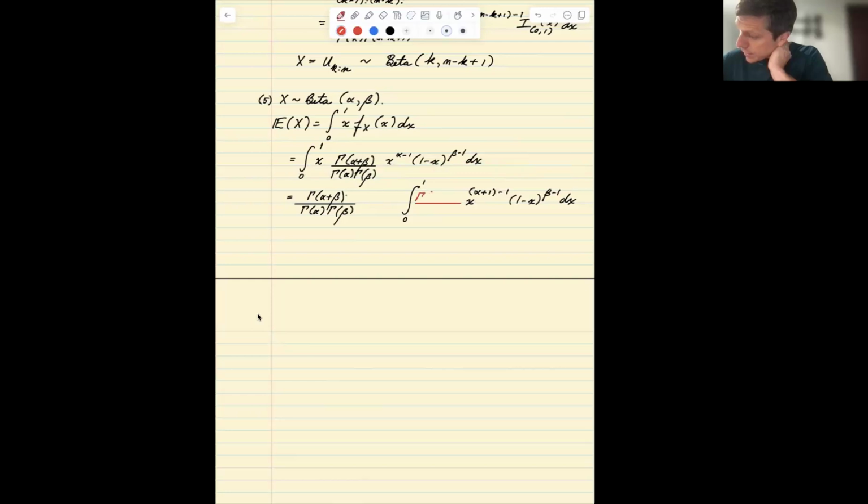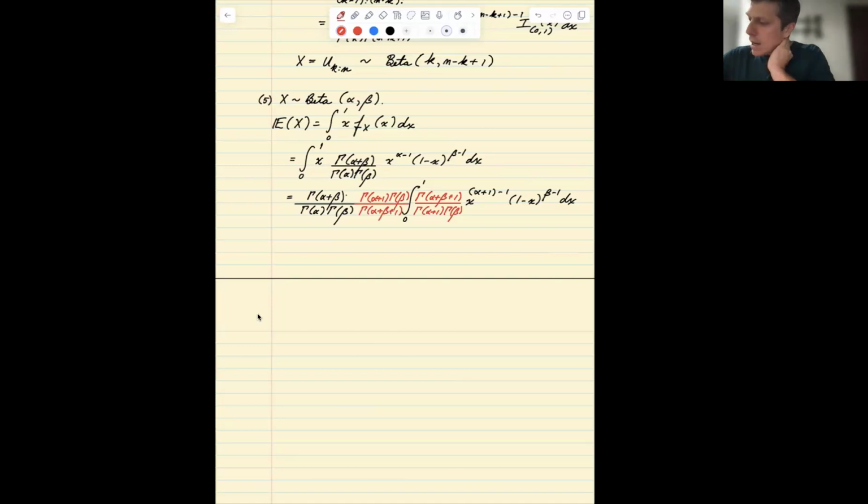The appropriate normalizing constant is gamma of alpha plus beta plus 1 over gamma of alpha plus 1, gamma of beta. But we got to get rid of that, right? So we get rid of that by dividing, by inverting it. So we get gamma alpha plus 1 here, gamma beta, gamma alpha plus beta plus 1.